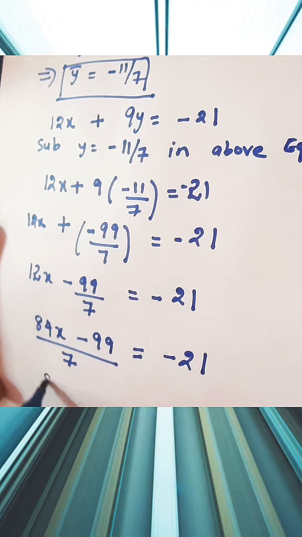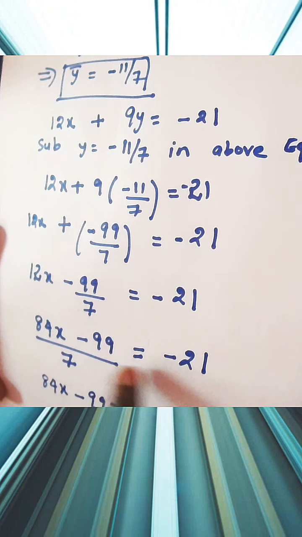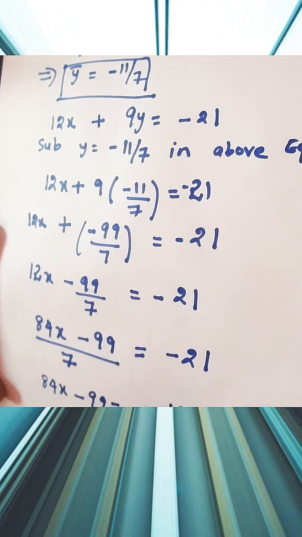Very good. So 84x minus 99 is equal to negative 147.